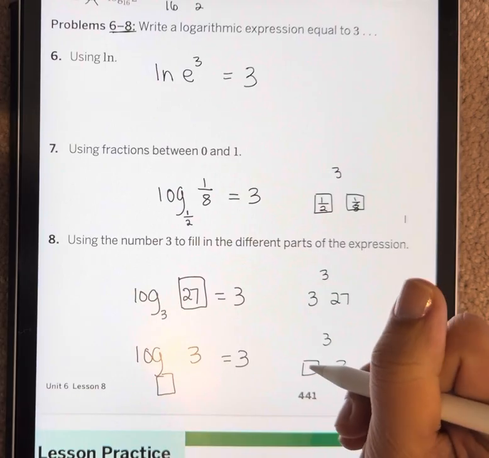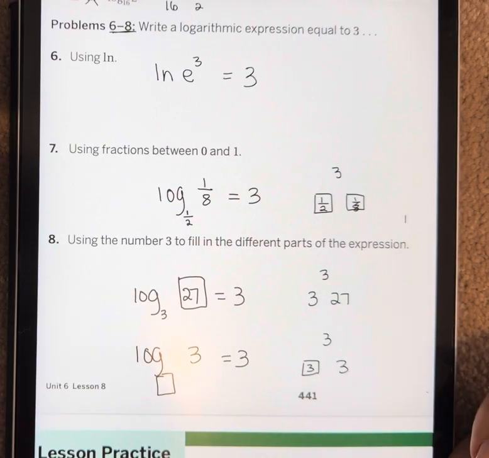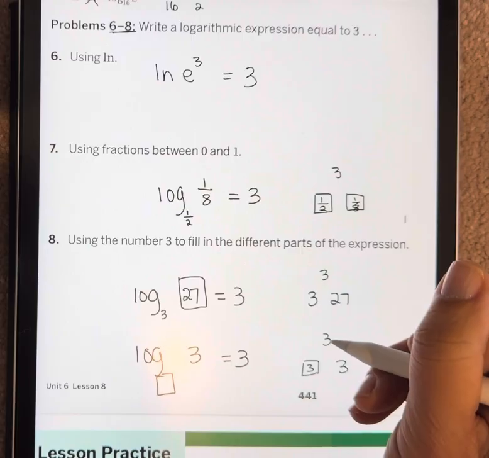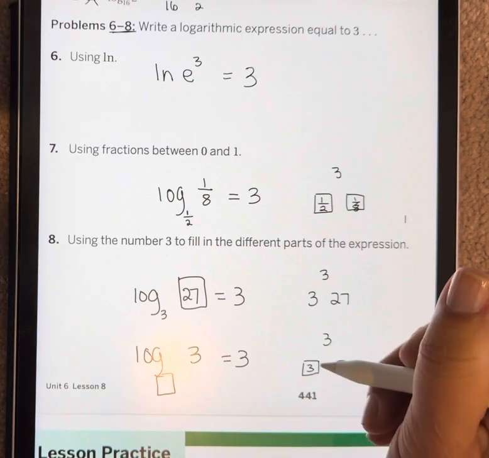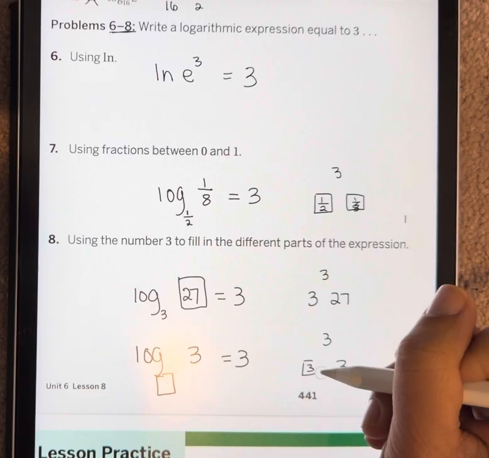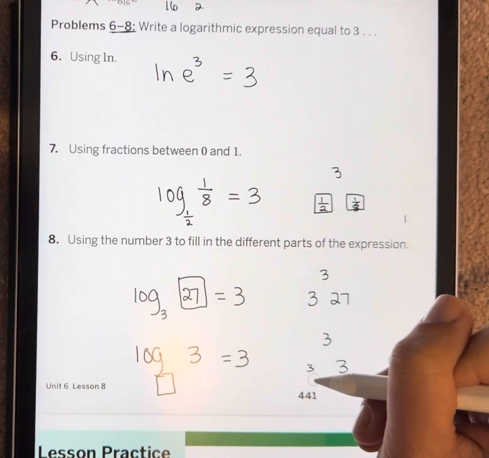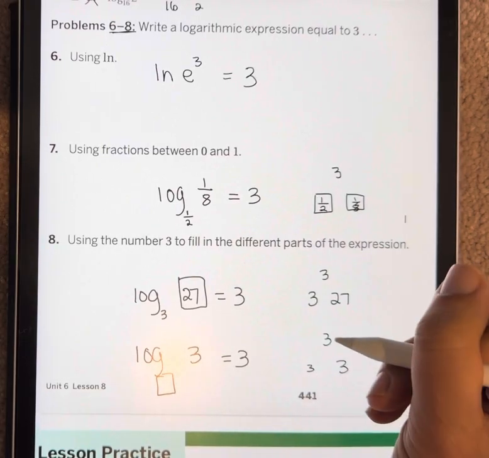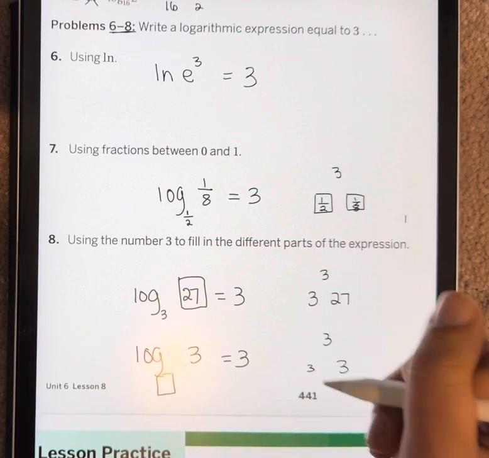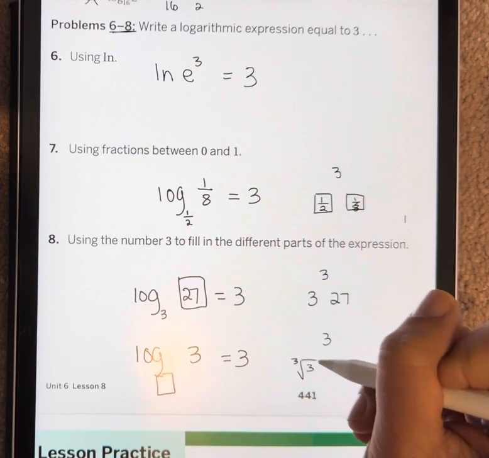So basically, you need a 3 here with an exponent, something that this exponent of 3 would cancel. I'm trying to figure out the best way to explain this. The exponent of 3 cancels out either a cube root, right?